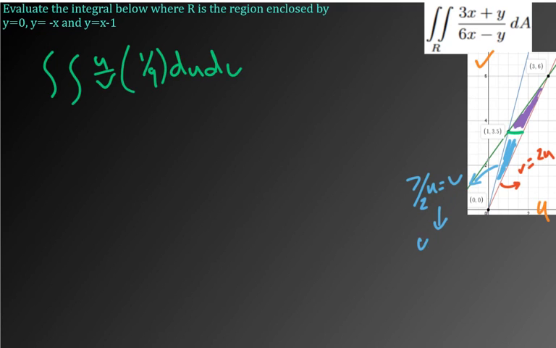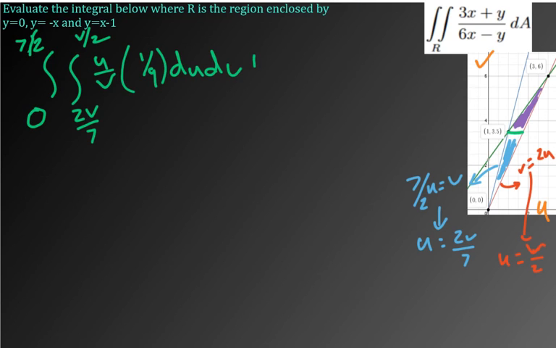So this one would be u equals 2v/7, and this one would be u equals v/2. Now these are what we can put in the bounds here. So we're going left, from the blue one, 2v/7, to the red one, which is just v/2. And then in the vertical v direction, we're going from 0 up to 7/2 or 3.5. It's a poorly drawn 7.